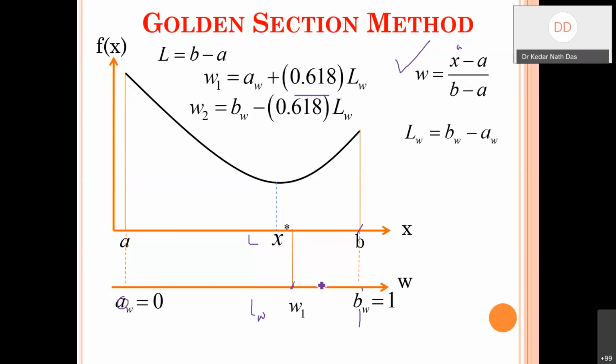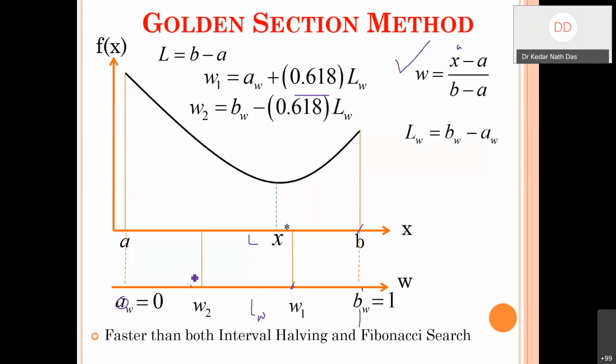Similarly, W2 can be found just by subtracting 61.8% of LW from BW to get a value somewhere on the left, that is W2. The most beautiful thing is, in the next iteration, W1 will be assigned to BW, or W2 will be assigned to AW, so that one region will be eliminated.